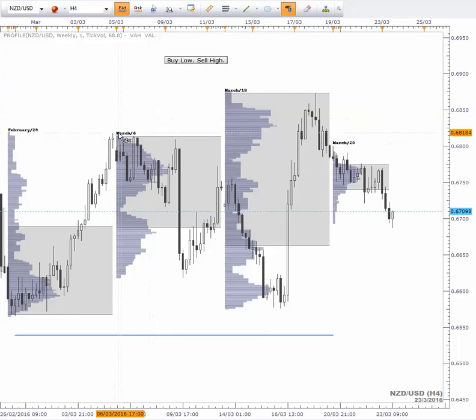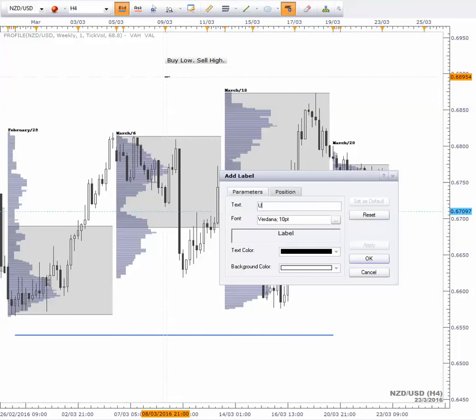So I'm going to use the profile to define what is high and what is low.